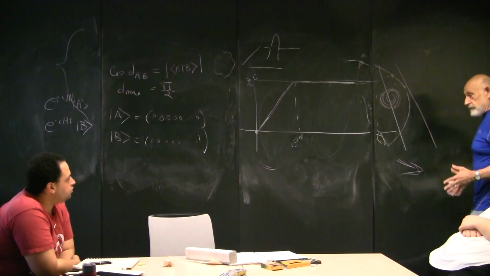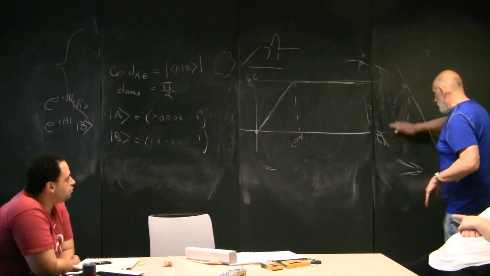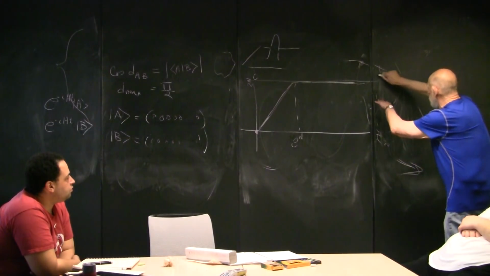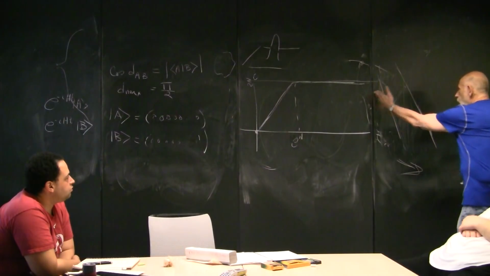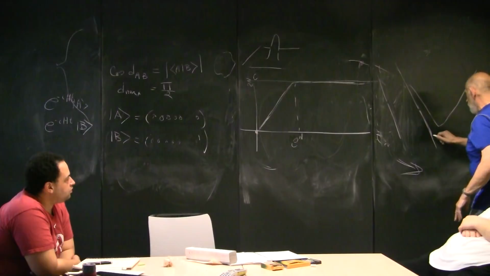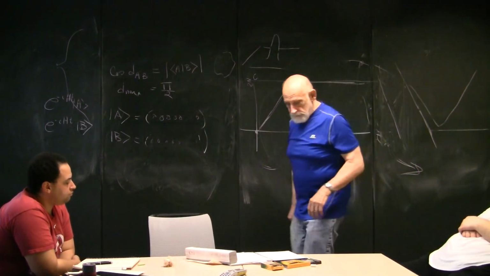It will come back down. This is a theorem, this can be proved. Let's say a long, long time has evolved, and then it'll come back down and go back up. That's a recurrence. That's a quantum recurrence.